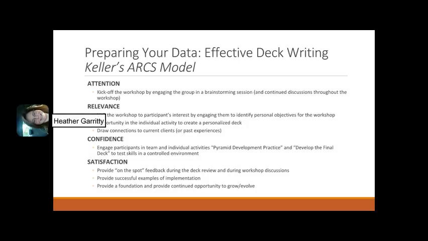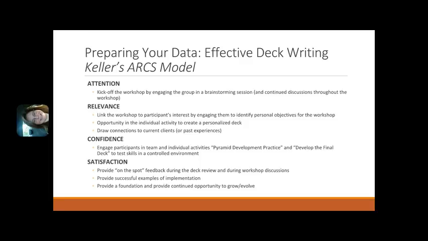The workshop addresses all aspects of Keller's ARCS model, from the introduction where the lecturer demonstrates relevance and attention by engaging participants with the course objectives, but also by seeking feedback up front to goal-orient the course to the individual needs and expectations of the participants, in effect personalizing and making the workshop relevant to all parties. Through the lectures and activities, both confidence and satisfaction are demonstrated. Participants are able to practice their skills in a controlled and safe environment, with the information provided upfront to ensure success opportunities and confidence in execution.